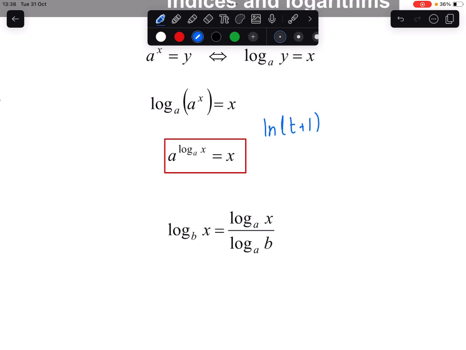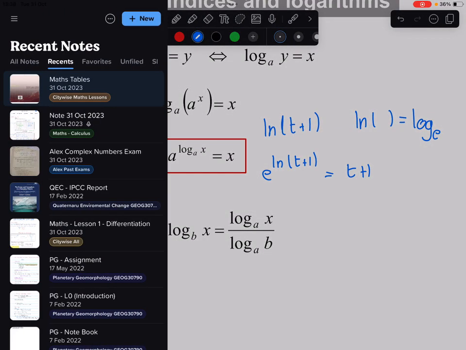What is ln of any number? That's log to the base e. So by raising e to the ln of t plus 1, whatever was inside the brackets of the natural logarithm came out. So this is equal to t plus 1, and that's how I was able to take that out and find t as itself.